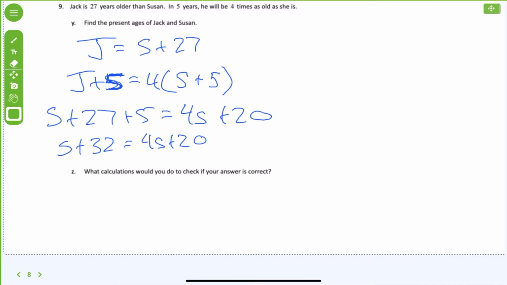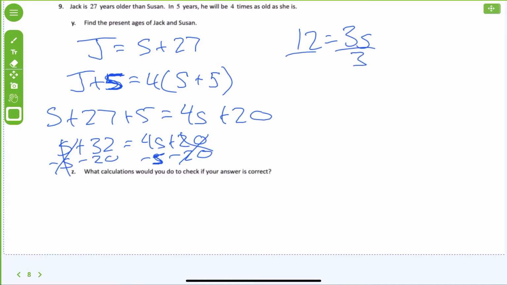I'm going to do 2 steps in one. I'm going to subtract 20 from both sides, and I'm going to subtract S from both sides. This cancels. This cancels. That leaves 12 equals 3S.